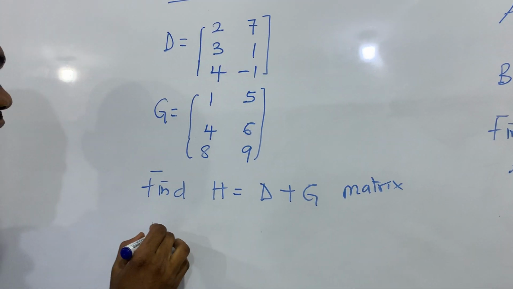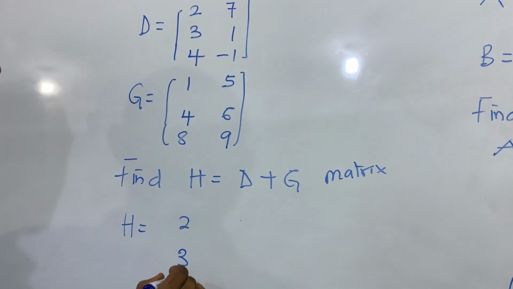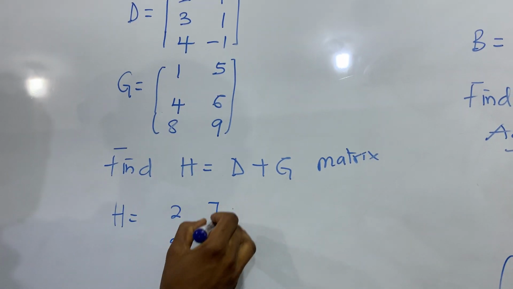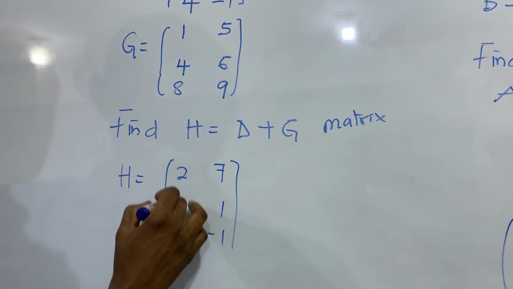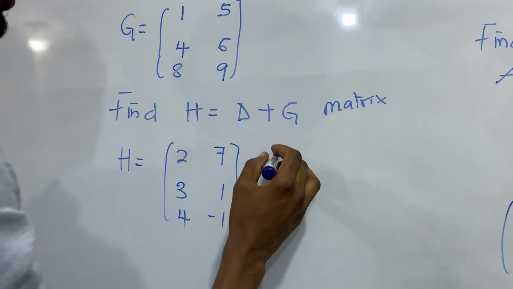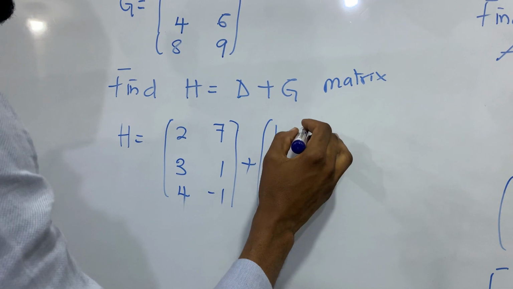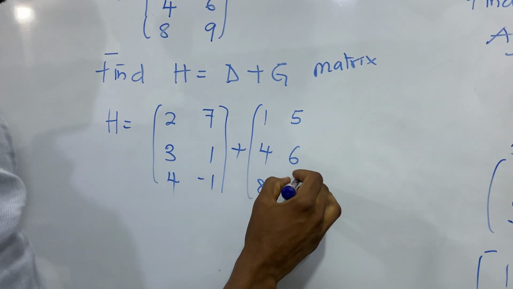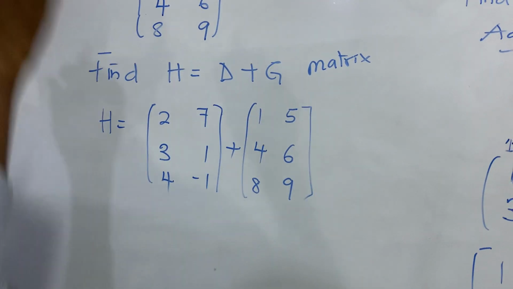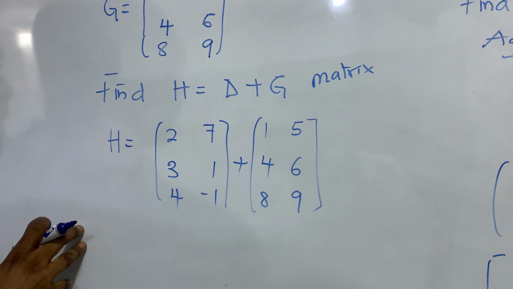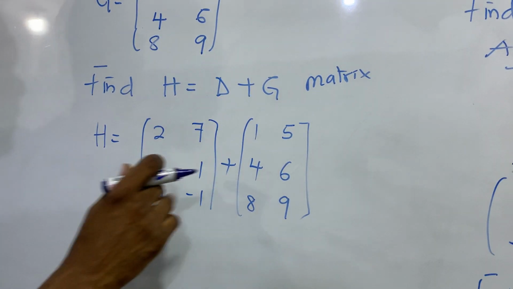So the H matrix will be equal to D. So we have 2, 3, 4, 7, 1, minus 1, plus 1, 4, 8, 5, 6, 9. In terms of rows, we have 3 elements. In terms of column, we have 2 elements making up the column.